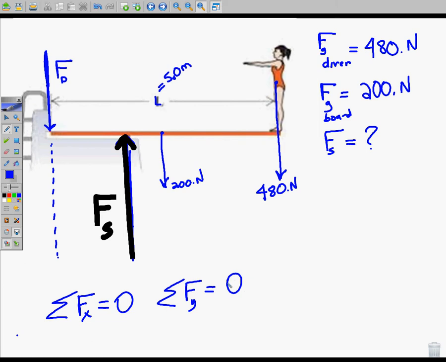So what's that formula going to look like if we write it out? FD plus FG of the board plus FS plus FG of the diver.